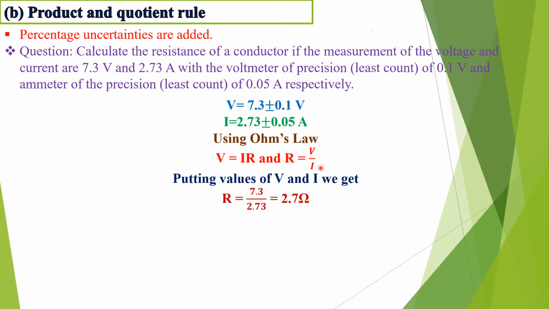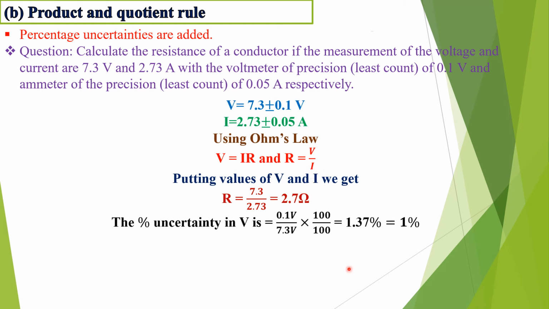Percentage uncertainty in R is equal to percentage uncertainty in V plus percentage uncertainty in I. So for adding the percentage uncertainties, we need to calculate the percentage uncertainty in V and the percentage uncertainty in I. By using the formula, we get the percentage uncertainty in V is equal to 0.1 divided by 7.3 multiplied by 100, which is equal to 1.37%.